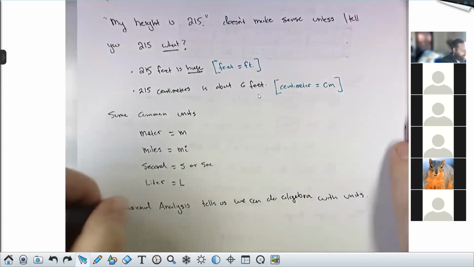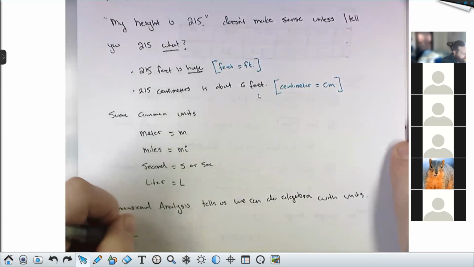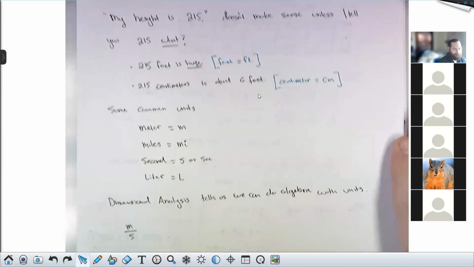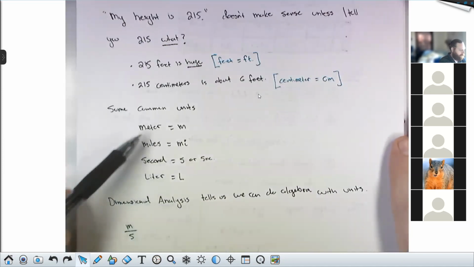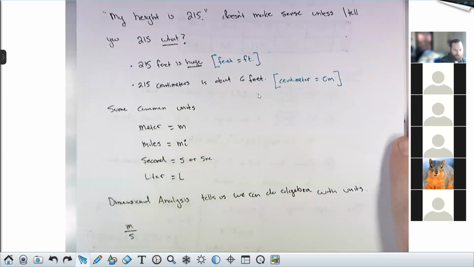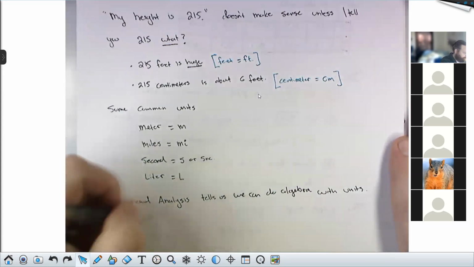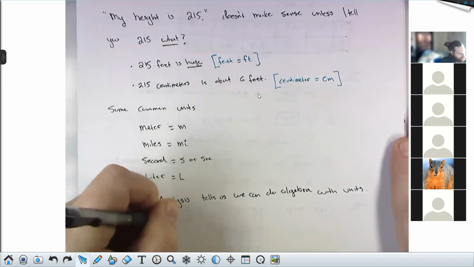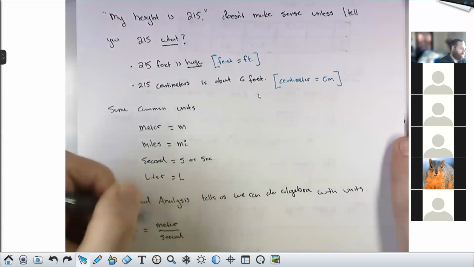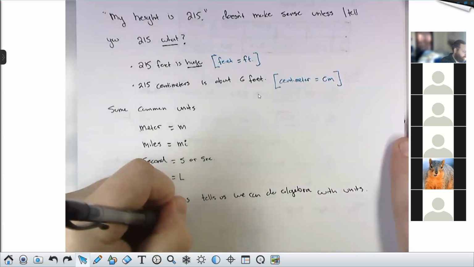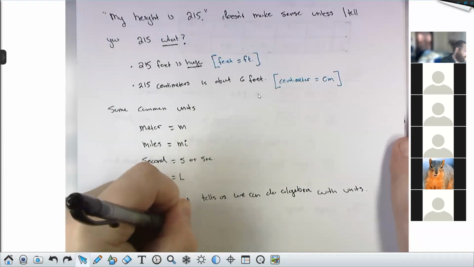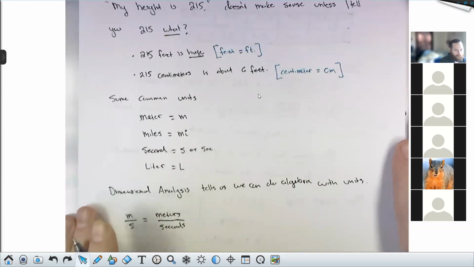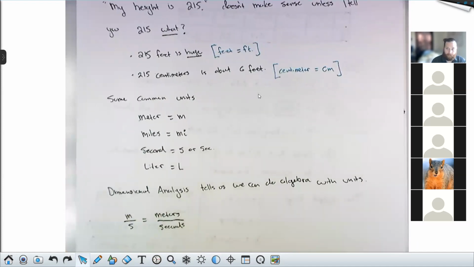For example, if I take M over S, right? M is for meters, S is for seconds. Meter over second, or meters is always the plural, over seconds. This has a particular meaning.